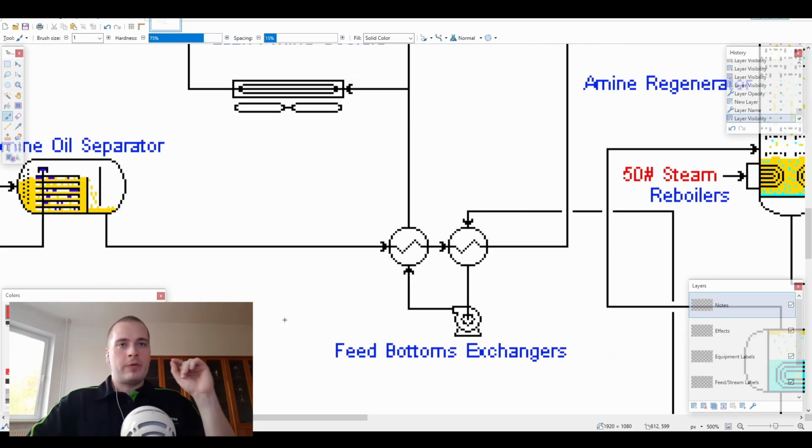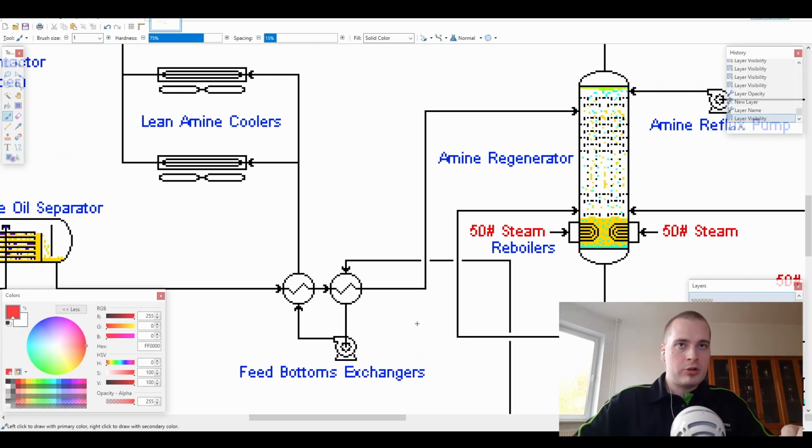The purpose of our feed bottoms exchangers is that they transfer heat from our lean amine that exits our amine regeneration column to our rich amine. There are two stages of heat exchangers, and then from there our warmer rich amine enters the amine regenerator.